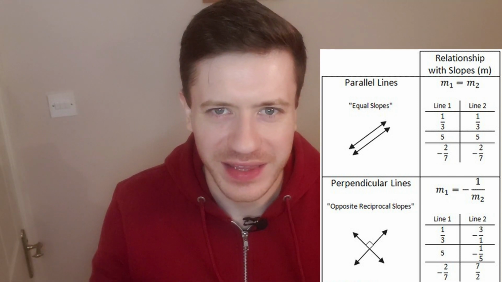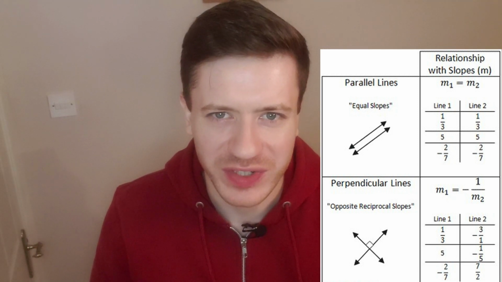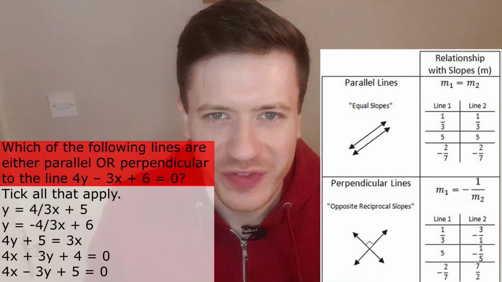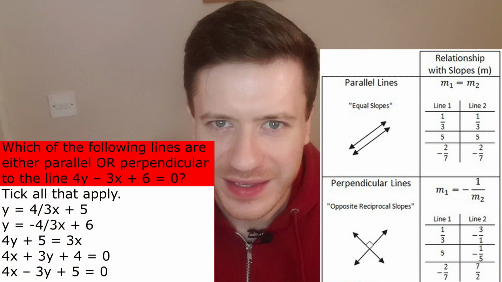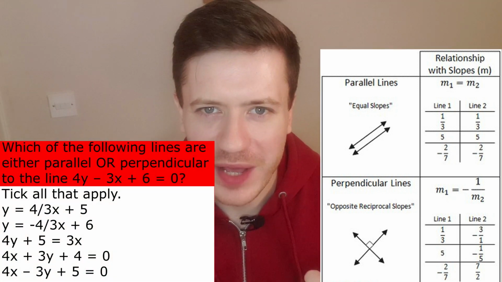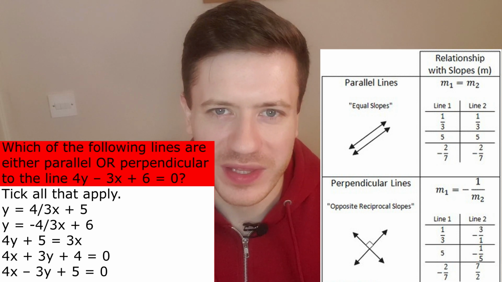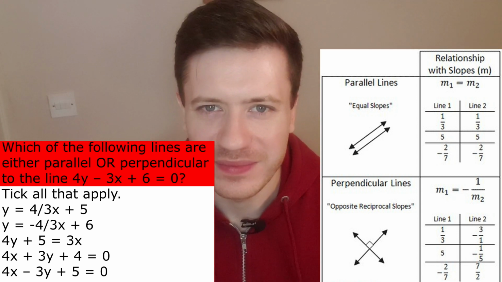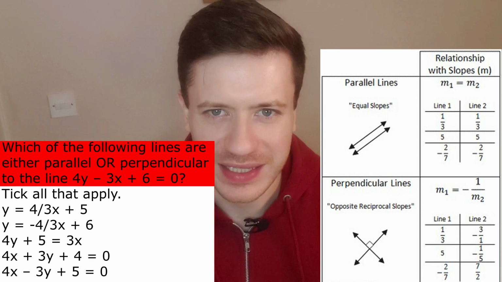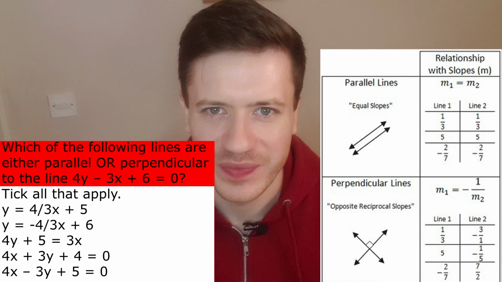I'm going to bring that together in the following GRE style question. Which of the following lines are either parallel or perpendicular to the line with the equation 4y minus 3x plus 6 equals 0?